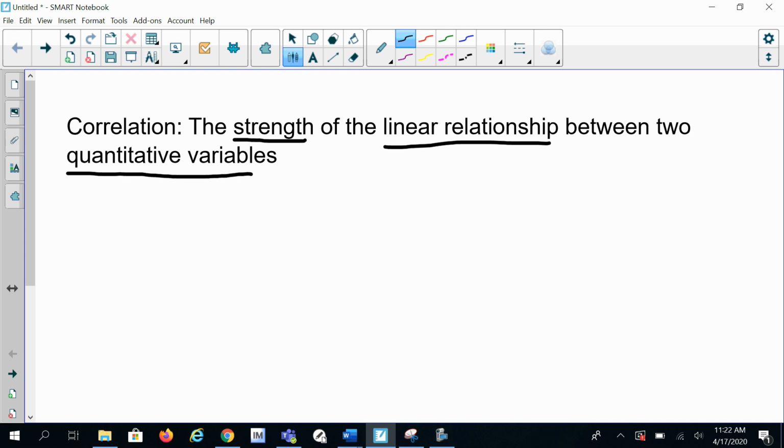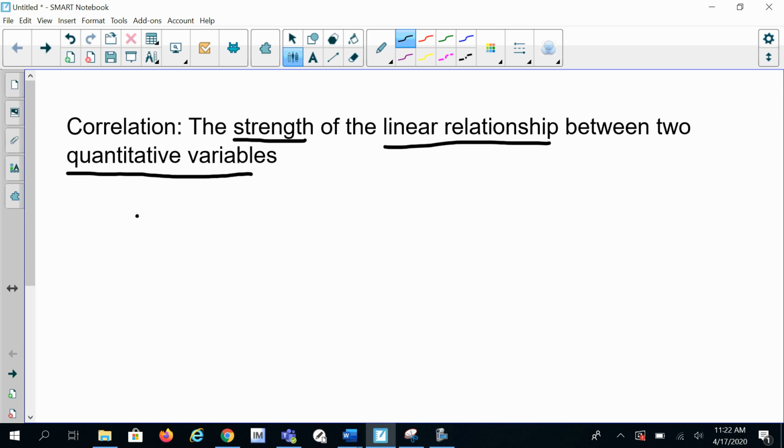So we can't use correlation for any of the stuff we did last week because those weren't quantitative, they were qualitative. The word correlation wouldn't make any sense. We'd have to use the word association. And strength, how strong of a relationship is that? And when we use correlation, it's talking about linear relationship. So correlation, we're going to find out shortly, is a number. You can actually calculate a number that shows how strong the linear relationship is.